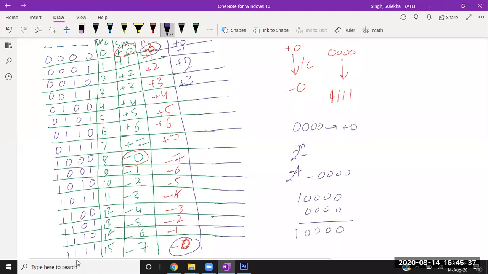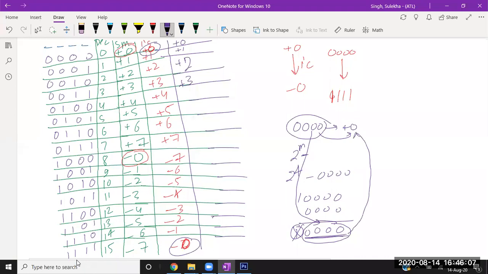Okay, and my system is supporting only 4-bit, so automatically you discard the extra bit. And after taking the 2's complement of 0, 0, 0, 0 in 4-bit, you will end up with 0, 0, 0, 0. So if I am taking this as plus 0, after taking 2's complement also I am getting the same number, and this one is also plus 0.